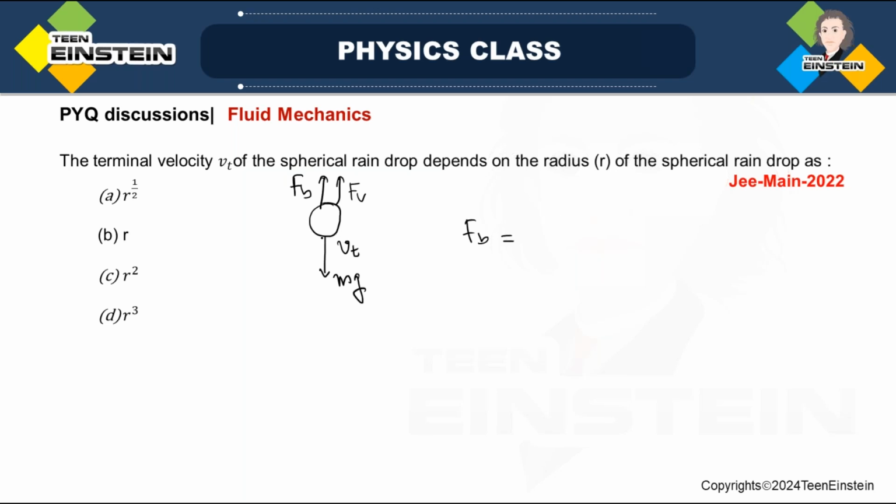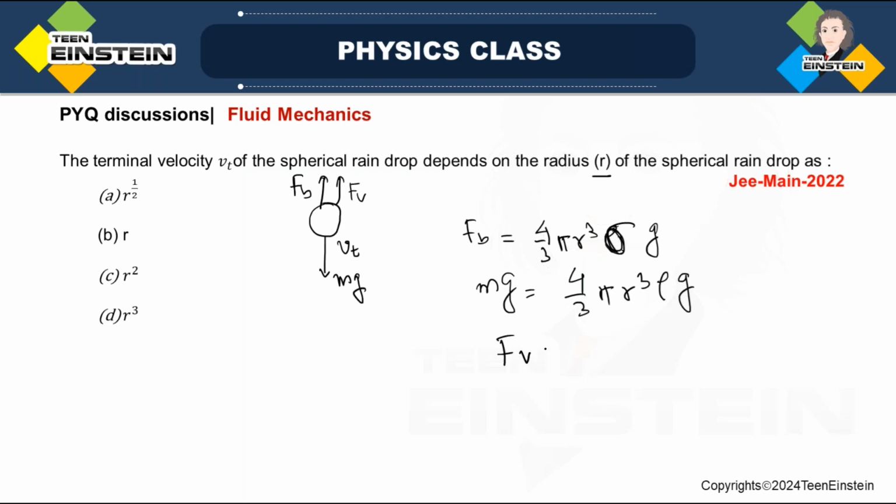Fb will be the volume, so the radius is suppose smaller, so the volume of this spherical raindrop, and then the density of the air, or the atmosphere, into g. And what will be this m? m will be 4 by 3 pi r cube rho g, where rho is the density of this liquid raindrop.